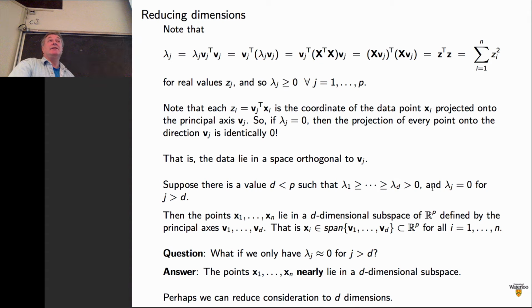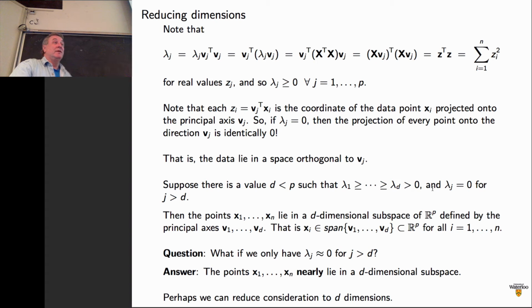So I've got p minus d of them, all orthogonal to each other. They define a basis for a p minus d dimensional subspace. When I project my vector onto any one of them, I get 0. So I project on any linear combination, I get 0. I project onto that space defined by them, I get 0. The data must live in a space that's orthogonal to that space.